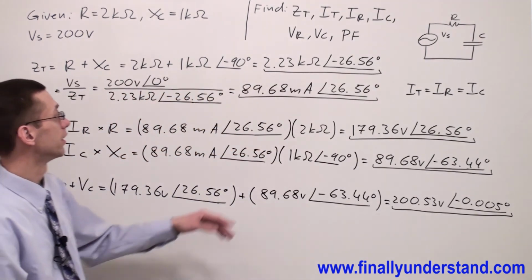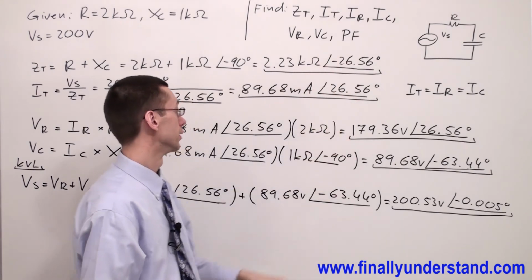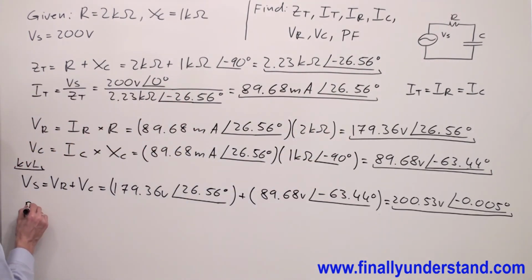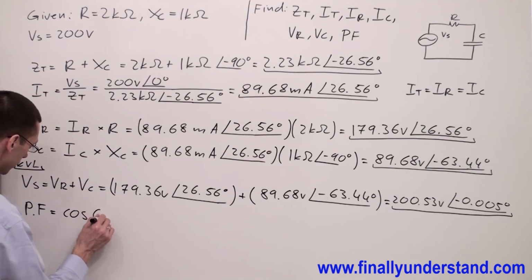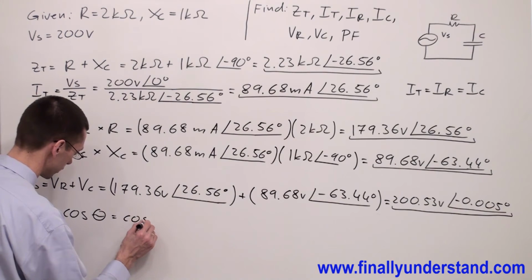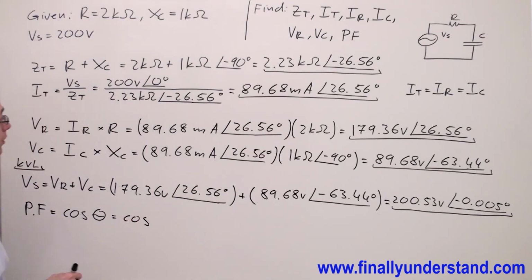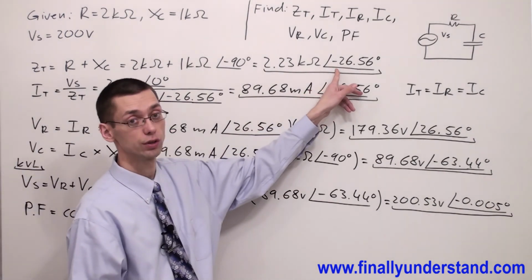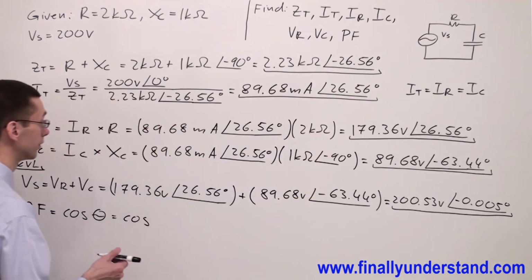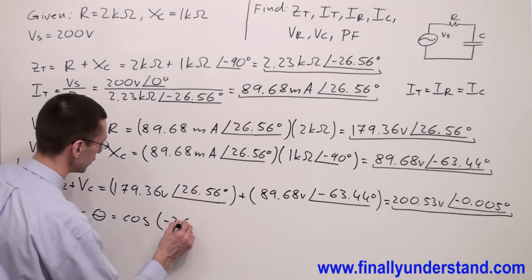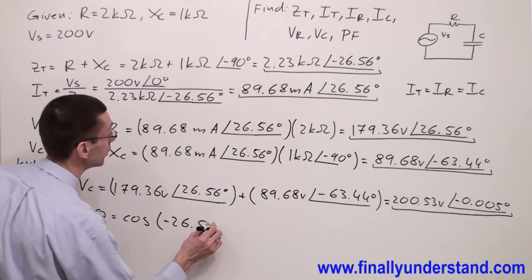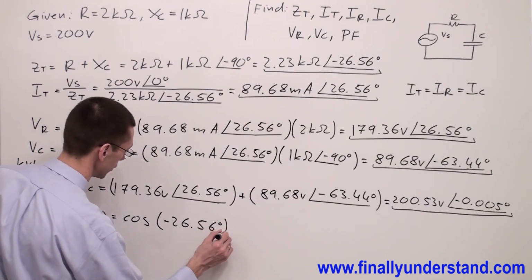Next, we're supposed to find the power factor. The formula for power factor, this is one of them, is power factor equal to the cosine of angle theta. So this is the cosine of the angle which is next to Z total. In this case, I have the cosine of negative 26.56 degrees.